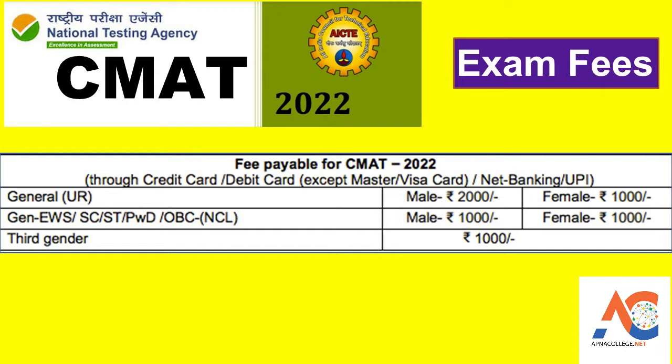For general EWS, scheduled caste, scheduled tribe, PWD candidates, and OBC NCL, for both male and female category candidates, the application fee will be 1000 rupees, and for candidates belonging to the third gender, the application fee will be 1000 rupees as well.